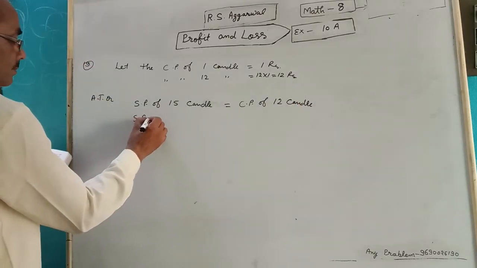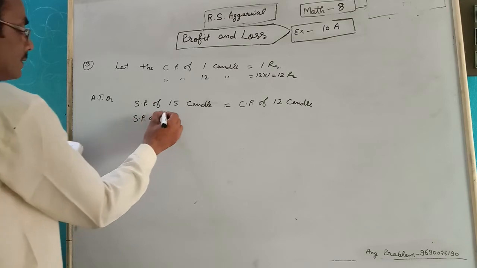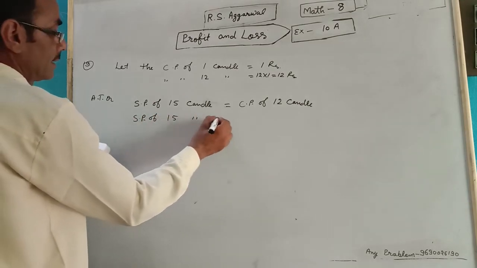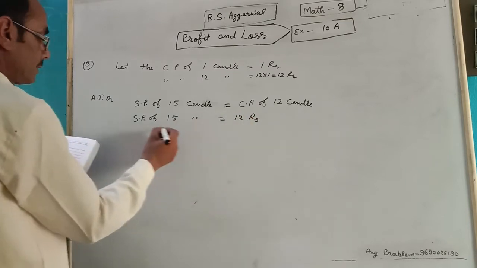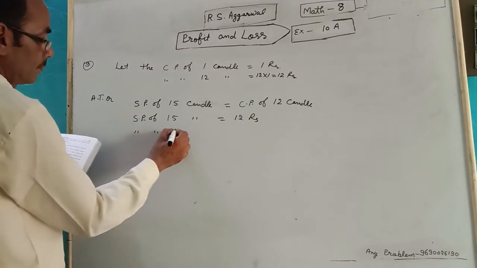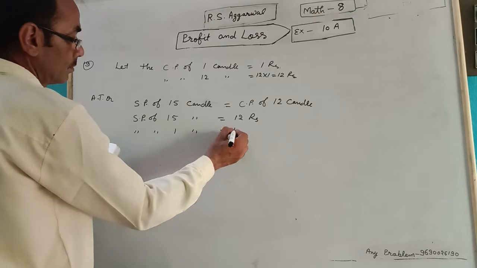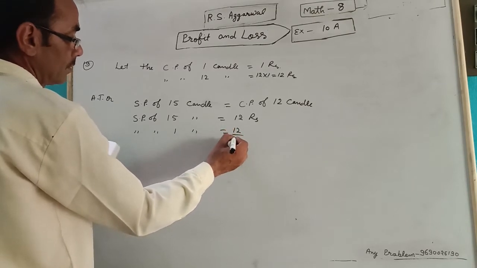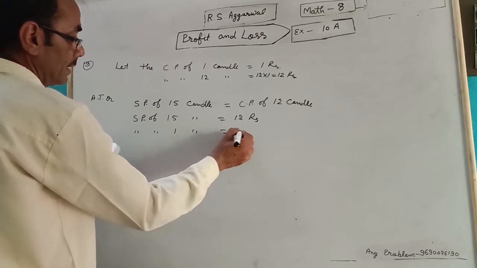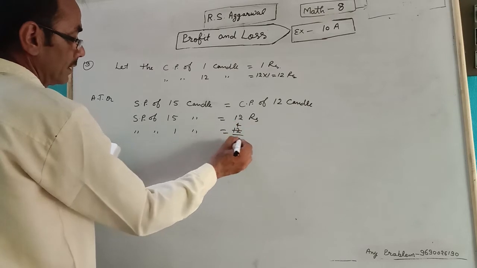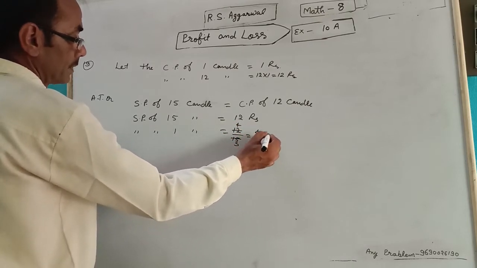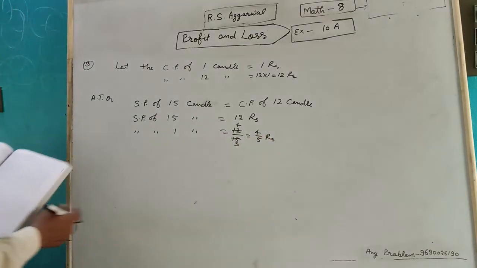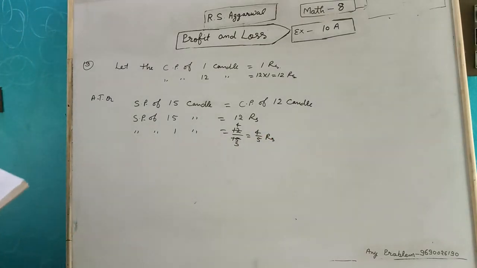SP of 15 candles is equal to 12 rupees. SP of 1 candle is equal to 12 upon 15. 3 fours are 12, 3 fives are 15, so 4 upon 5 rupees. That is the SP of 1 candle.